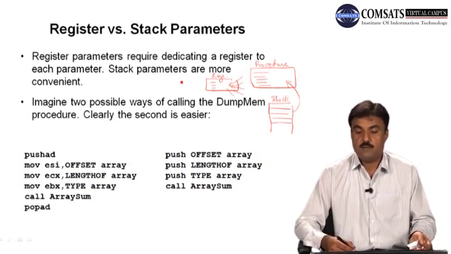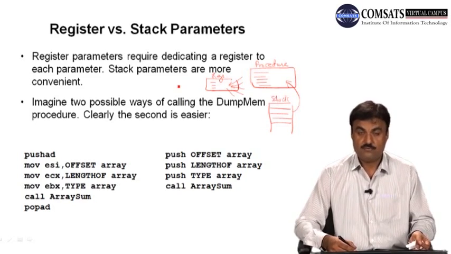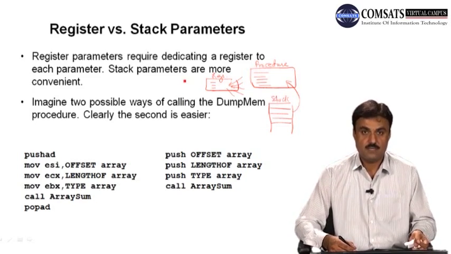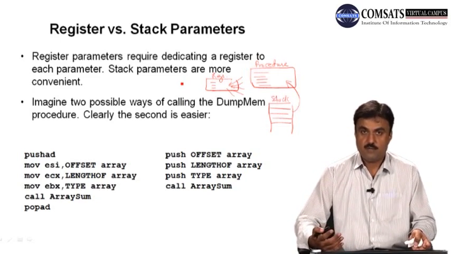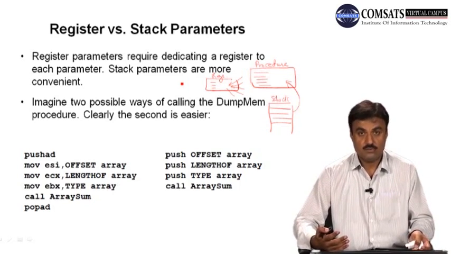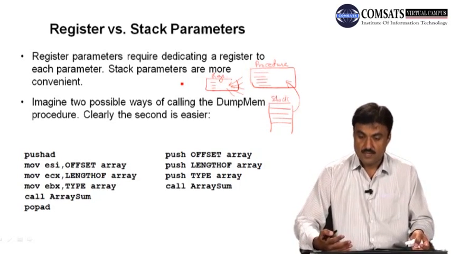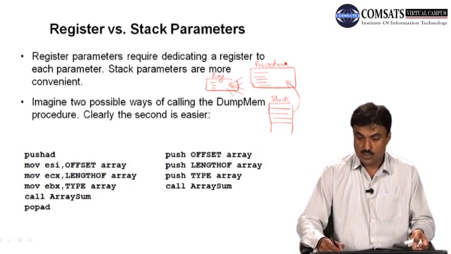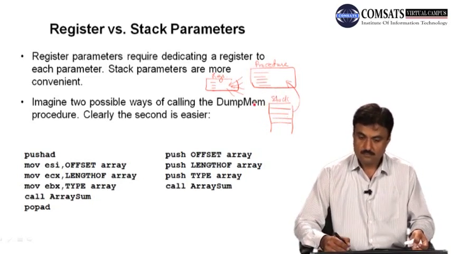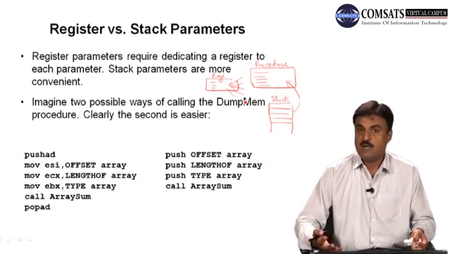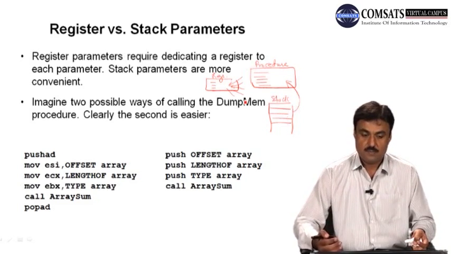If the number of parameters increases, for example 50, 10 or 20 parameters, how can we have all those registers where we can store them? The stack is very easy. We can push all those parameters inside the stack, and then pop them according to the order. That is the reason stack parameters are more convenient than register parameters.